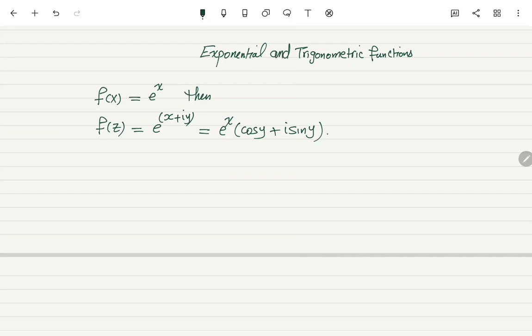Therefore, the real part of this f(z) is e to x cosine y, and the imaginary part is e to x sine y.